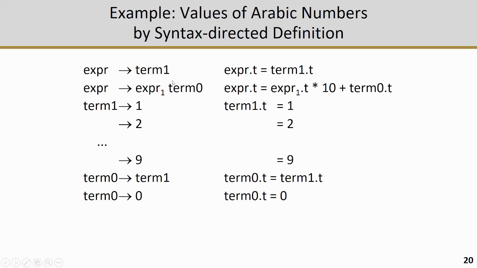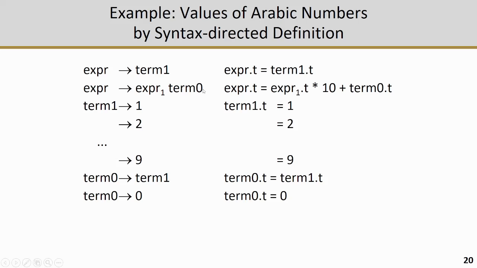We practically place the digits one after the other from left to right, and finally we place the last digit on the left, which cannot be 0 because an Arabic number cannot start with a 0.